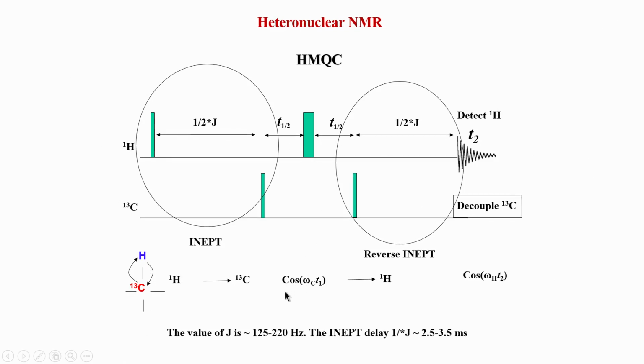Mathematically you should add another term here, which I have ignored, which is cosine pi J T1, meaning the J coupling also evolves. But that does not happen in the HSQC experiment, because in HSQC we put the magnetization of the proton along the z axis at this point, as you should recollect from the previous slides. Now, when it is along the z axis, the coupling will not evolve.